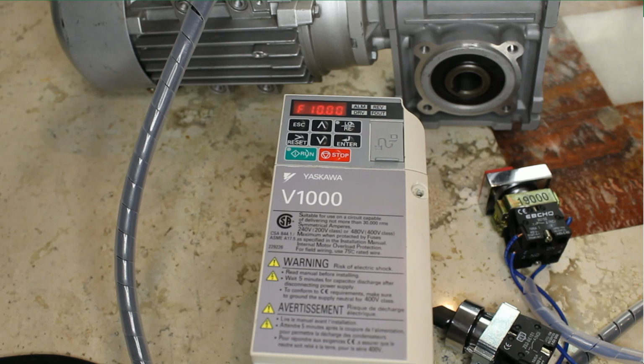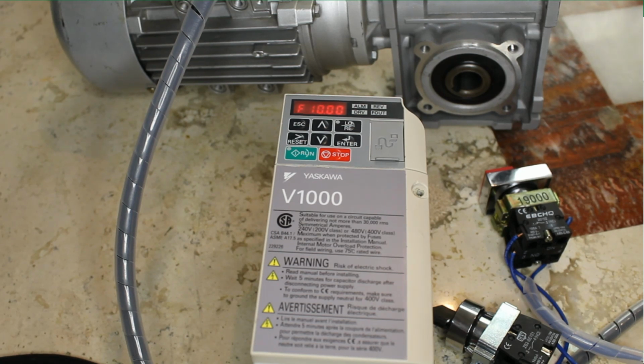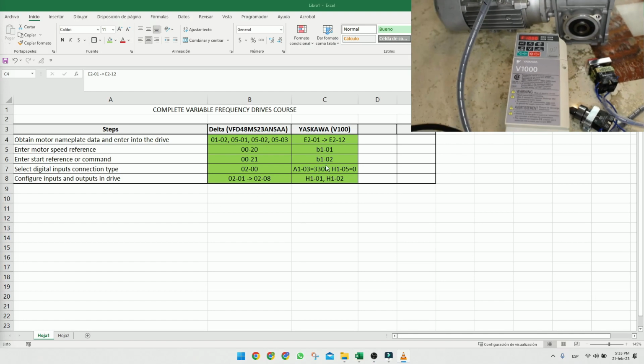So if you want to modify our acceleration and deceleration times, if you consider that they are pretty long, we can shorten them. Okay? So the logic is exactly the same. Look for the desired parameters, and enter them.